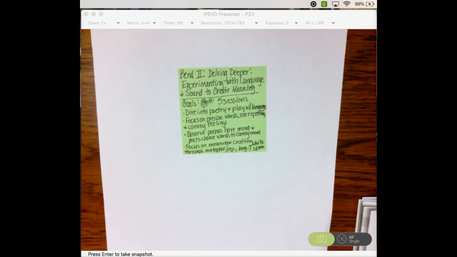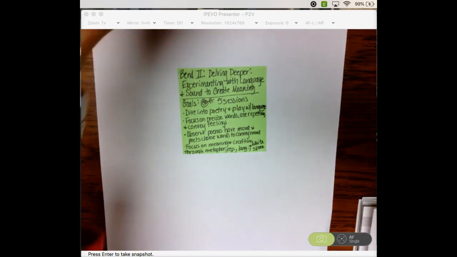The kids will dive into poetry and play with language and learn how language can affect the flow of what they're writing, and how choosing powerful language will help the reader understand what they're writing. They'll focus on precise words and repetition to convey feelings. They'll observe poems that have mood and how poets choose words to convey mood.